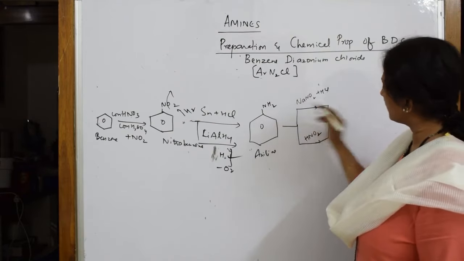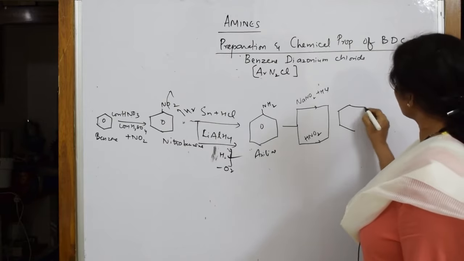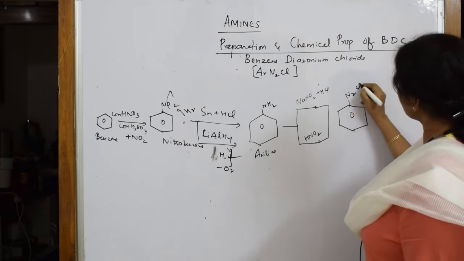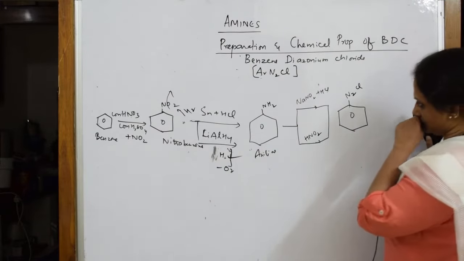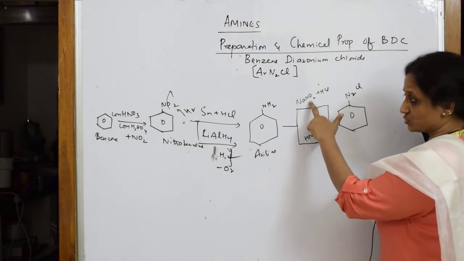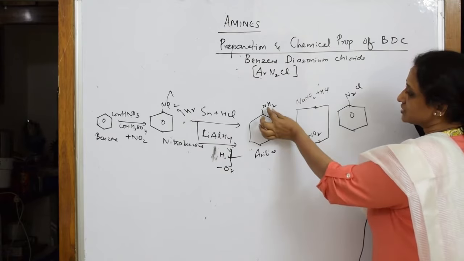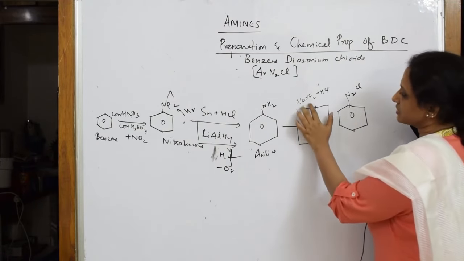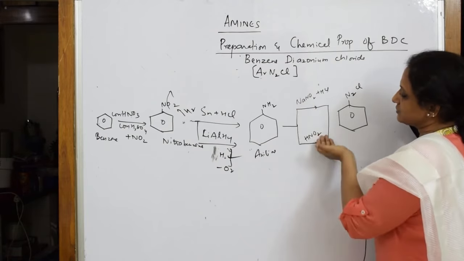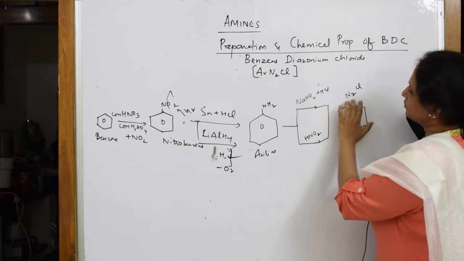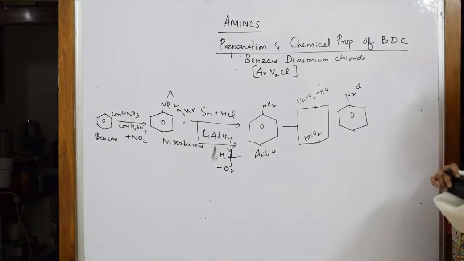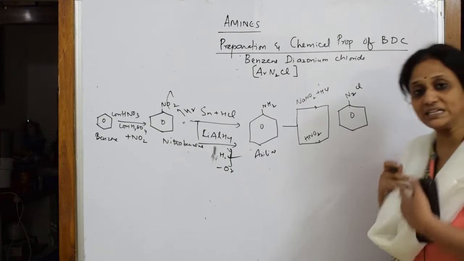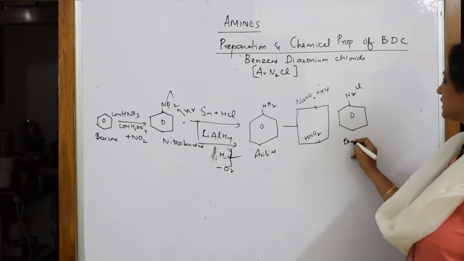Now this whole compound is going to get converted to a new compound called N2Cl. From where did I get this? Yes, the reaction mechanism, I'll show you that also. This nitrogen forms a bond here and Cl forms a bond here. Remember, that is the reason we are using this in acidic medium. So this N2Cl, when you see these two, that means they want you to form BDC, benzene diazonium chloride.